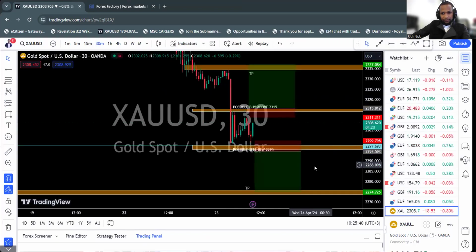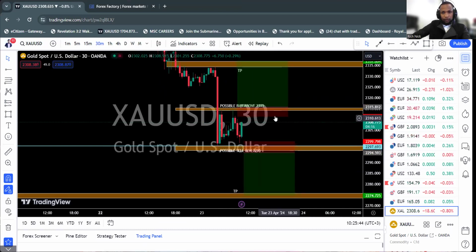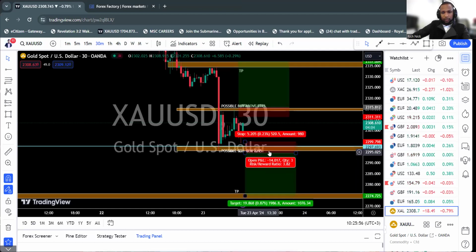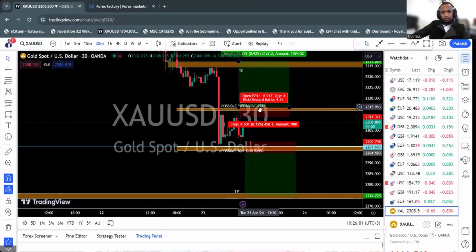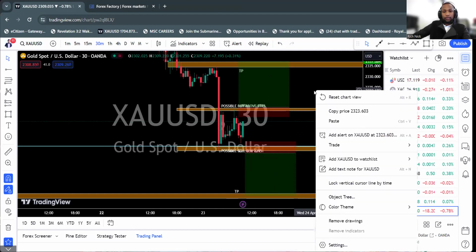So we want possible buys above this point, possible sells below this point. This is what we're looking for today. Should we get a break below this 22.95 area, we want to push the market to 22.75. Should we get a break above this point, we're going to push from 23.15 all the way to 23.33. Those are good areas for gold to trade.